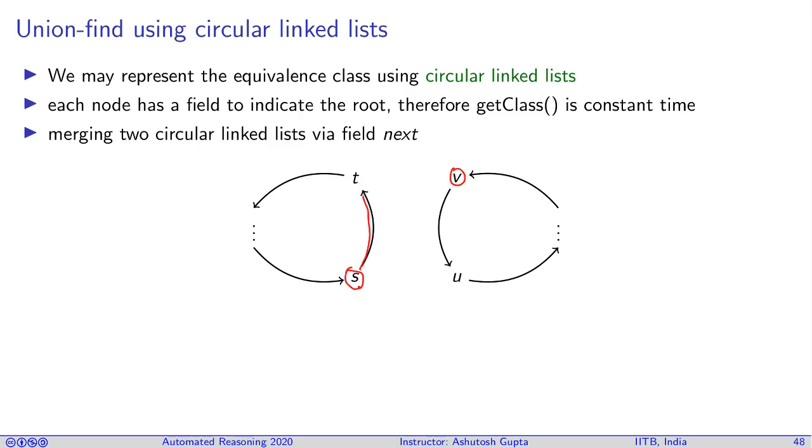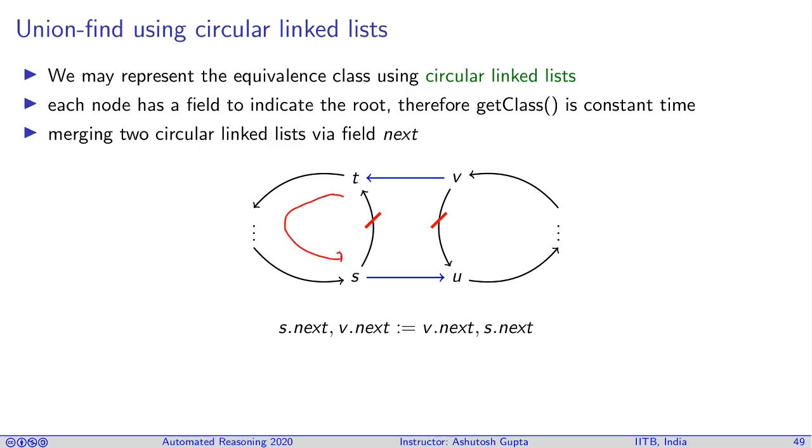They change their pointer to the other one's pointed thing. So V starts pointing at T and S starts pointing at U, and you remove these lines. And now again you have a circular linked list. Just by swapping the pointers you can easily merge, and now you have to walk around the smaller one and update the root field.